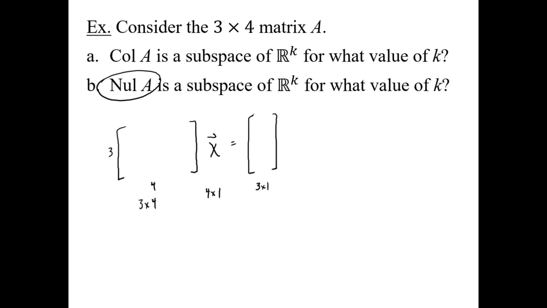So notice that all the x's are 4 by 1, so the null space has to be made up of vectors from R^4. Likewise, the column space represents all the different possible outcomes we could get if we pick different x's. So the column space is all about the outcomes. In this case, that would be R^3, because when we do this product, the outcomes are vectors that are 3 by 1. So that's it, just thinking about the different dimensions here.